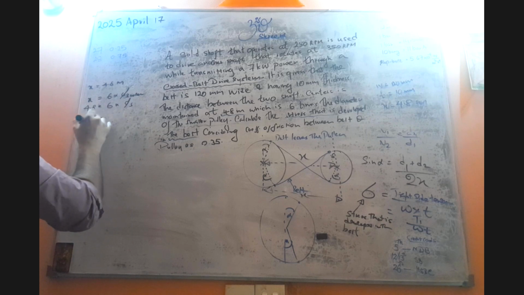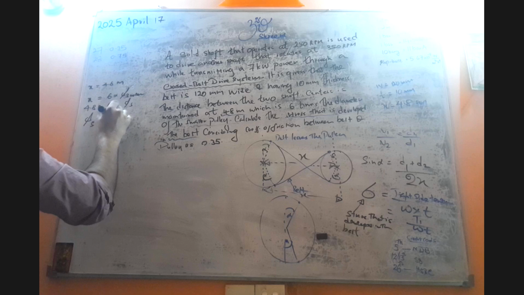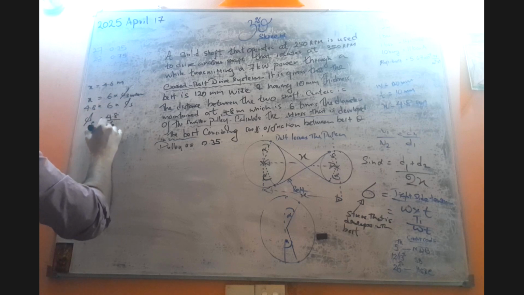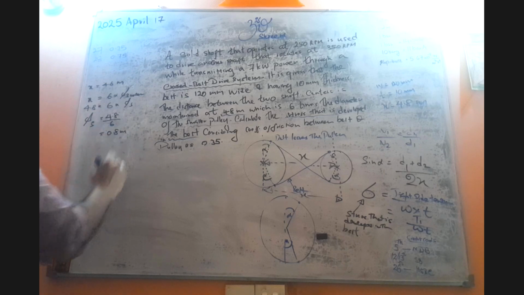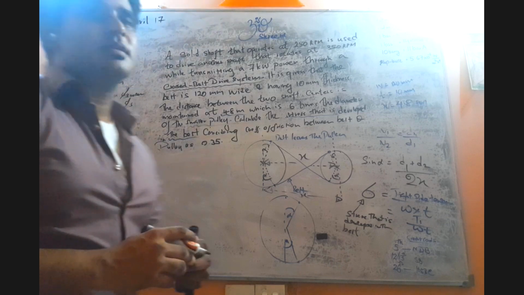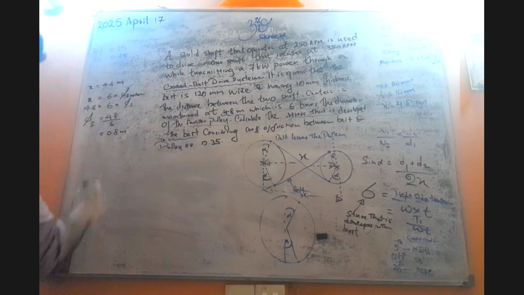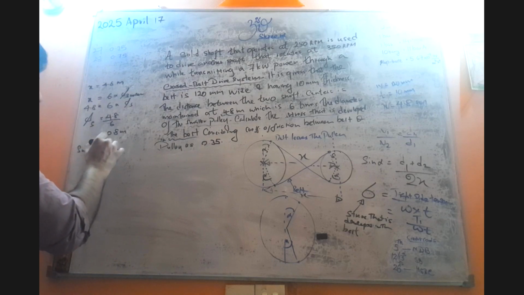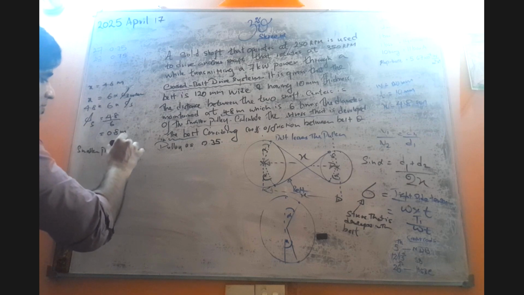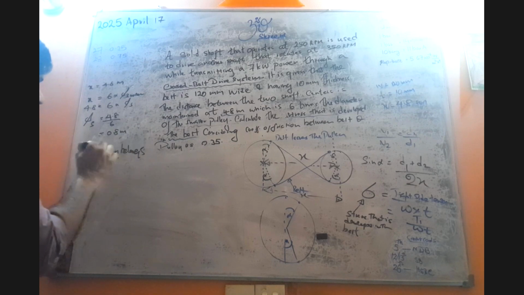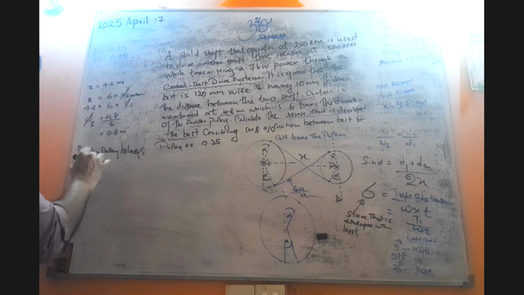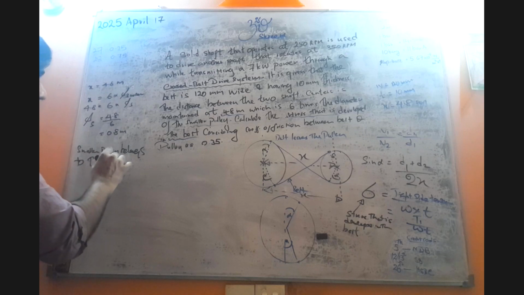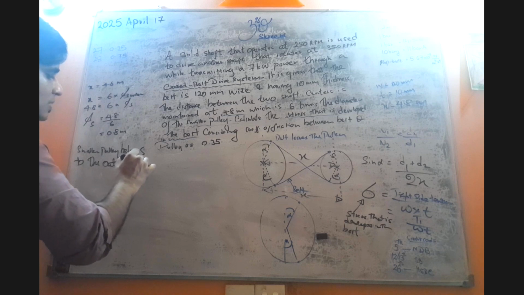So what is the diameter of the smaller pulley now? 4.8 divided by 6, so the answer is 0.8 meters. Now the smaller pulley belongs to the output pulley.